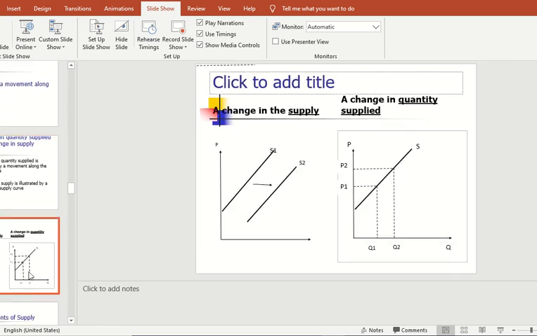Let's look at that. On the right-hand side, you see a change in quantity supplied. Initially, the price is P1, and then it goes to P2.